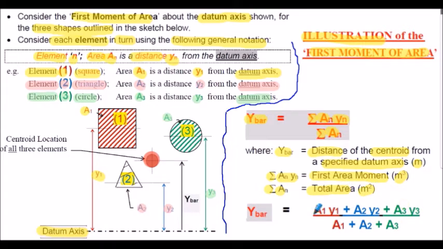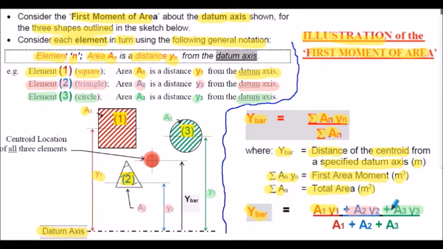So from our sketch on the left hand side here, to find the Y-bar, in this particular case we have three area moments to evaluate. We have the A1 Y1, that's added to the A2 Y2, and that's added to A3 Y3. So we're summating the 3 area moments for the 3 particular sections in the sketch.